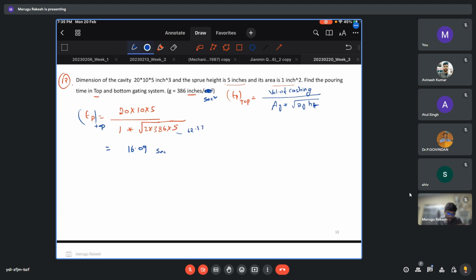Now see, this is the dimension given, so we need to draw the shape of the casting. So 5 is this, L into B into H. Then we can take any one. This has 20 and this has 10.